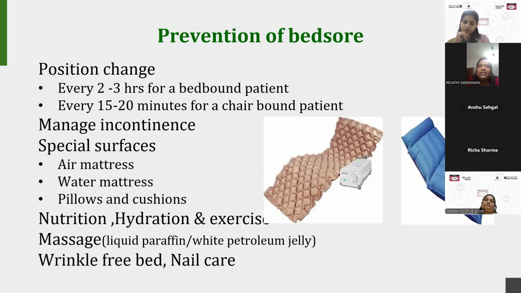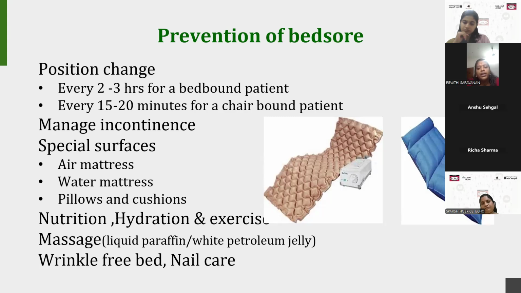You have to advise and make the patient's caretaker aware. Then manage incontinence. We should give the patient a proper bed-free environment, with wrinkle-free sheets, which is necessary for a bedbound patient.